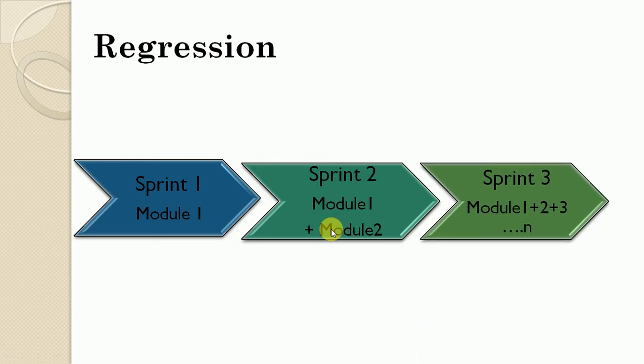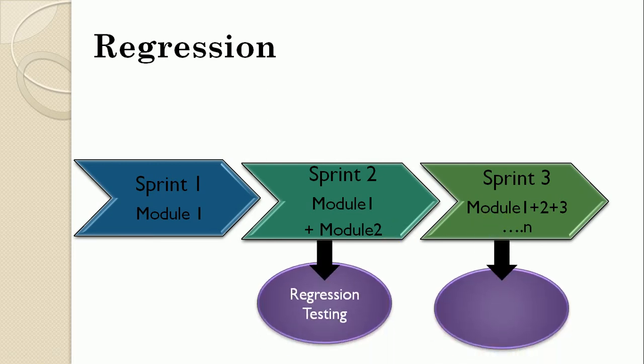Again, the same thing: sprint number 3 is a combination of module 1 plus 2 plus 3, and so on. This is the way we can add multiple sprints in software development, prepare test cases and execute those test cases. But whenever we need to update anything in a software application, we can go for the regression testing process.